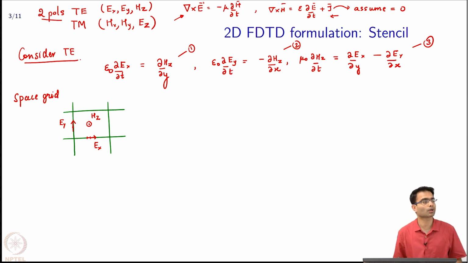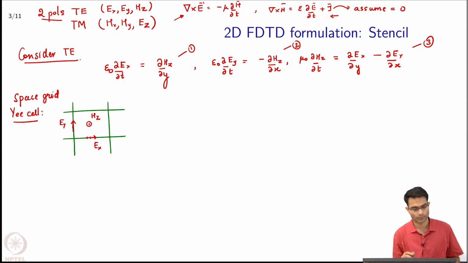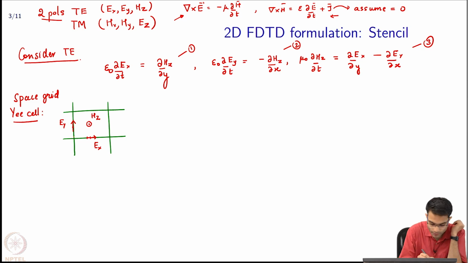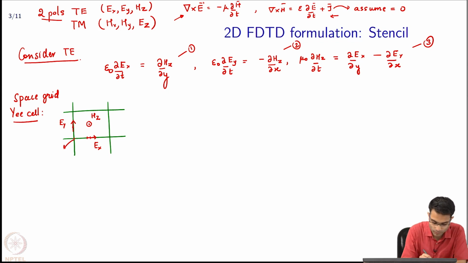So, this grid was what was proposed by Yee in 1966. So, it is also called a Yee cell. Okay. Right. Now, it's like a lattice, right? So, these points are given some shorthand numbers.